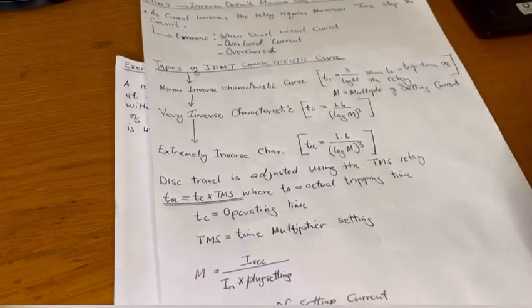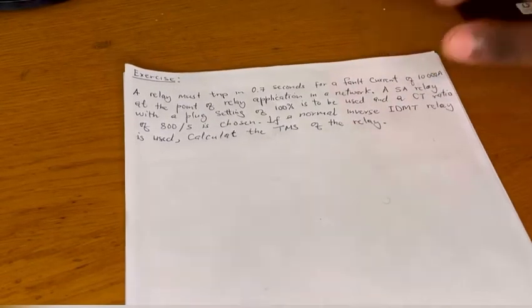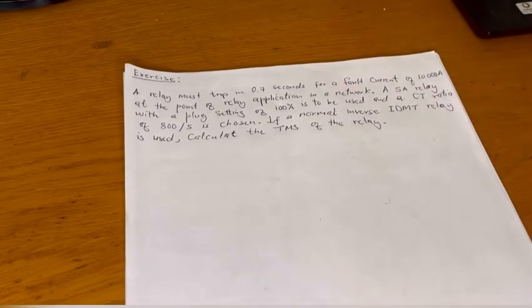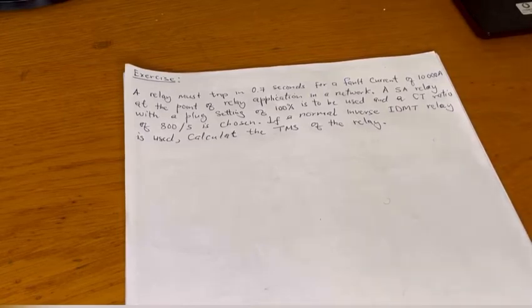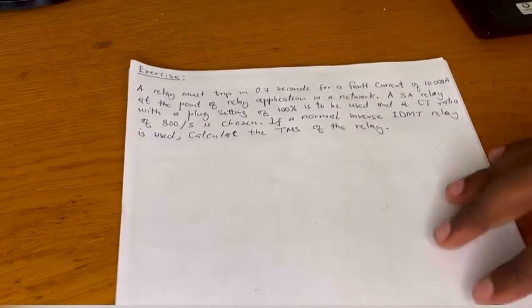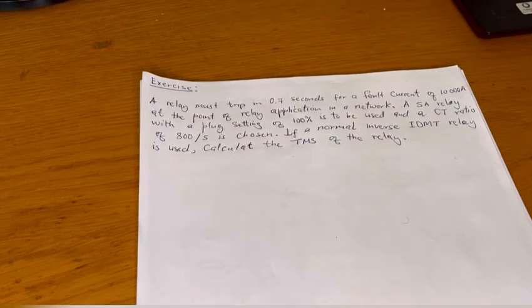Okay, so it gave me this question. The question says that a relay must trip in 0.7 seconds for a fault current of 10 kiloamps at a point of relay application in a network.